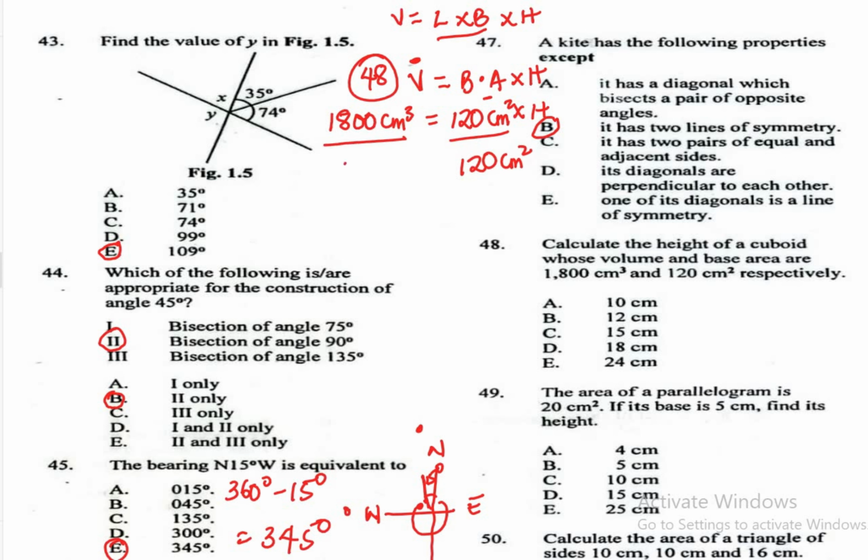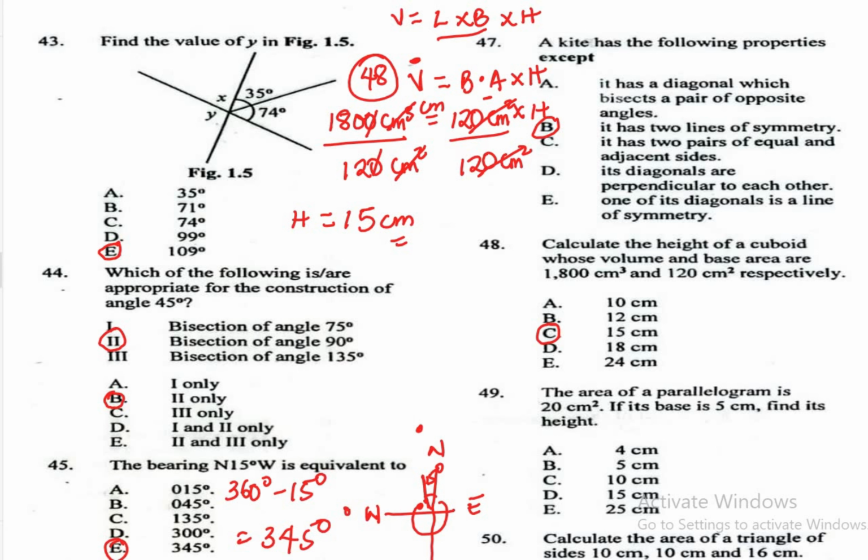This cancels this. So height is equal to centimeter cube divided by centimeter square, you'll be left with centimeter. 0 cancels 0. 180 divided by 12, that will give you 15. 15 what? 15 centimeters. So the right option is C.